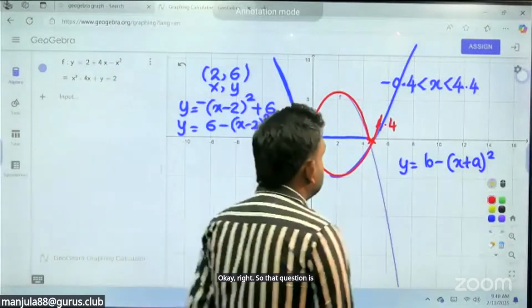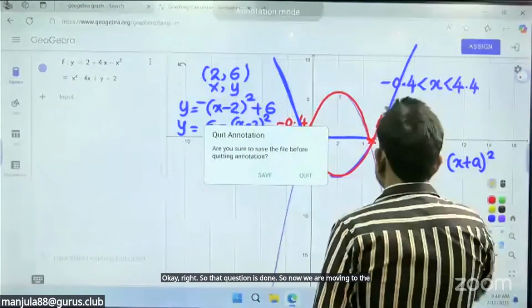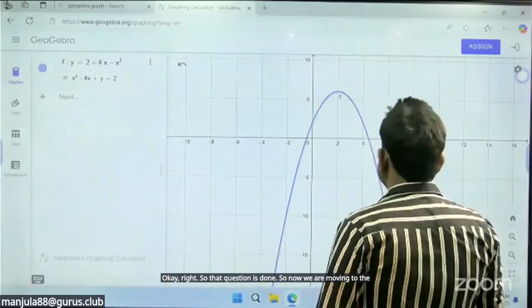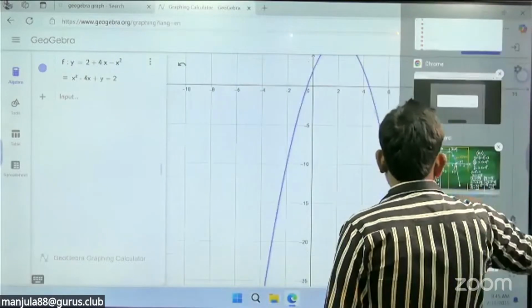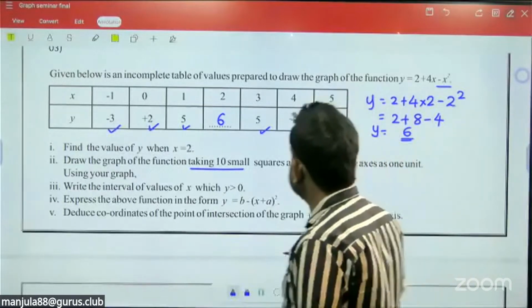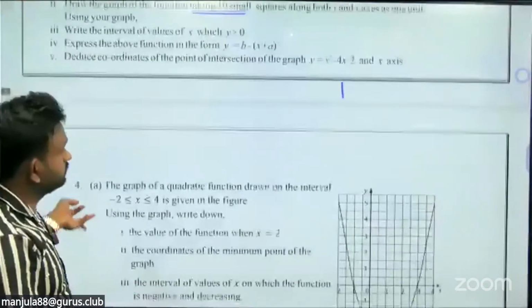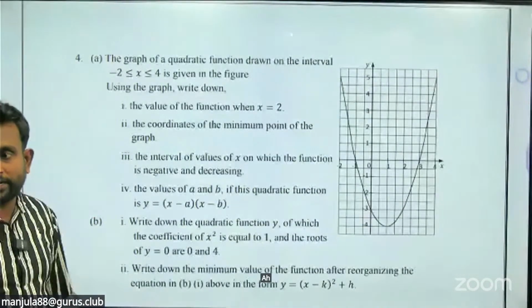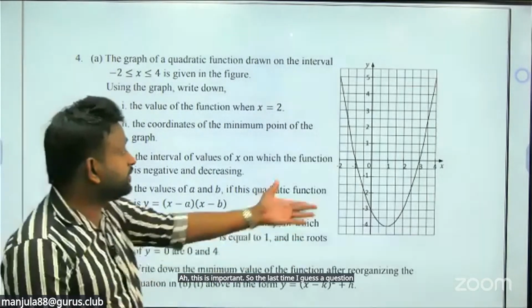So now we are moving to the next one. This is important. The last time I guess a question like this was there. This is similar to that.